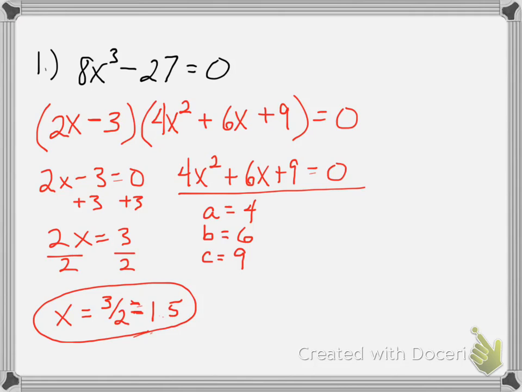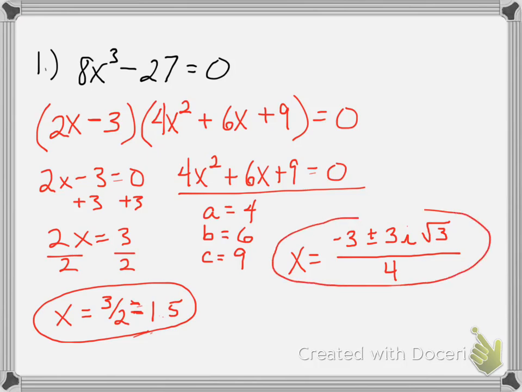And when you do that, you should see that the answers are -3 plus or minus 3I square root of 3 all over 4. That's what your calculator gives you. And notice I said answers, because the plus or minus gives me two different answers.